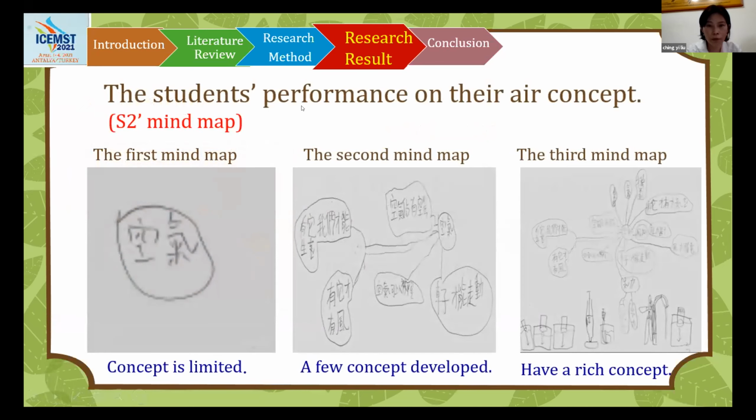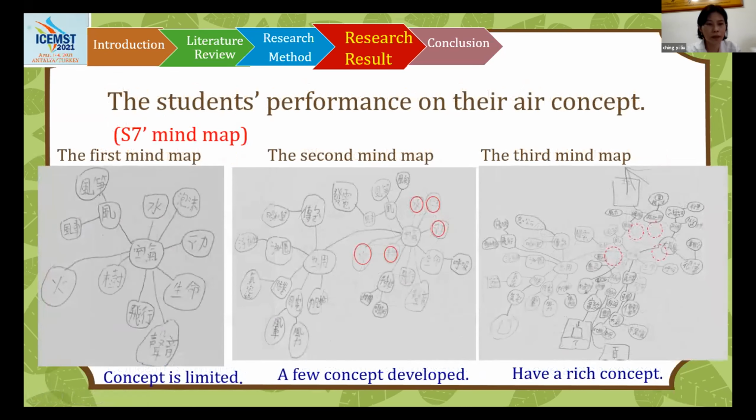The structural performance of their air concept. Each student draws 3 mind maps. You can see student number 2's mind maps. In the first mind map, you can see the concept is only air. The concept is limited. The second mind map has a few concepts developed. And the third mind map has rich concepts.